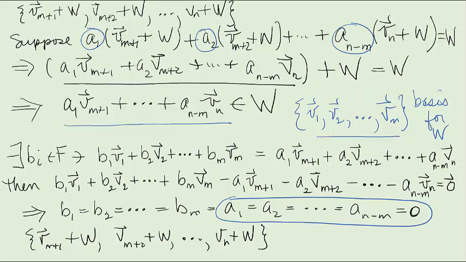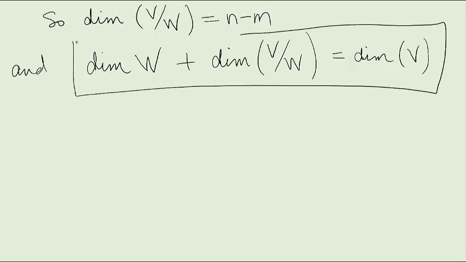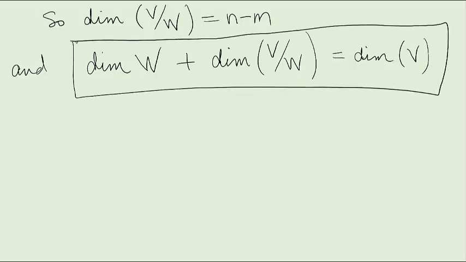We already know that it spans the quotient space, and so this is a basis for V mod W. And we get our result, that the dimension of the quotient space V mod W is n minus m, giving us the dimension of W plus the dimension of the quotient space V mod W is equal to the dimension of V.